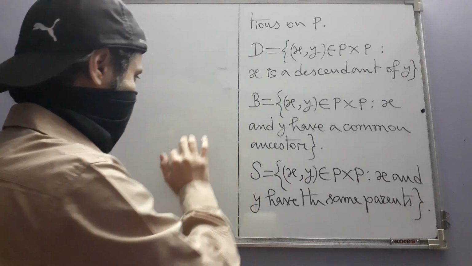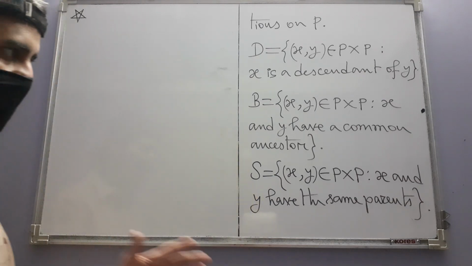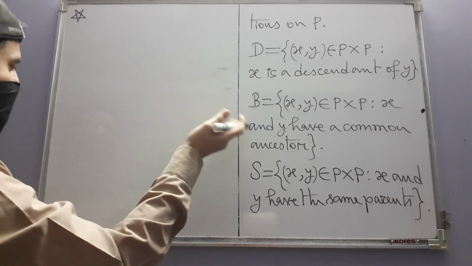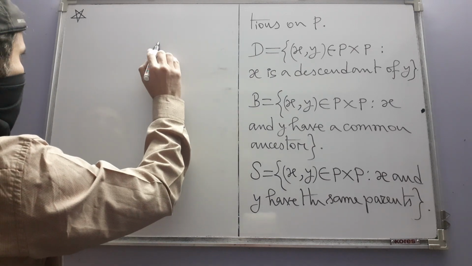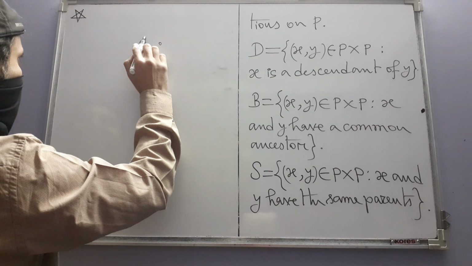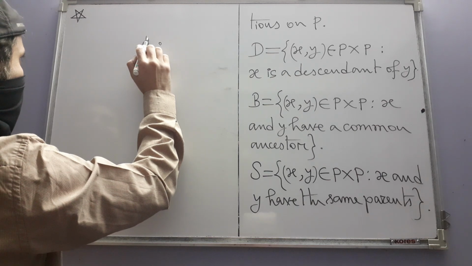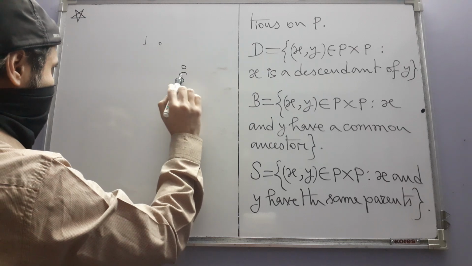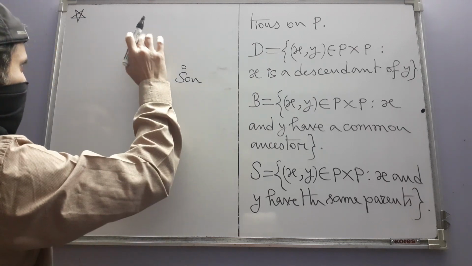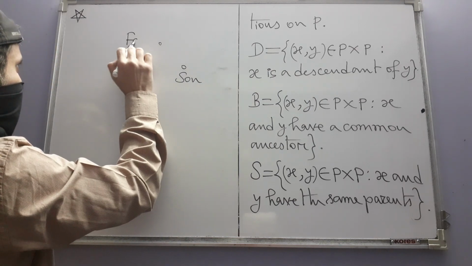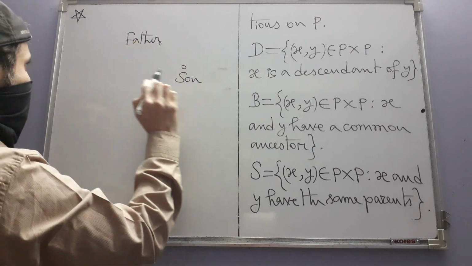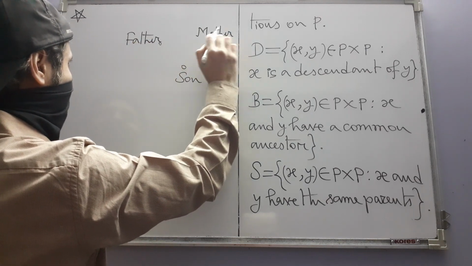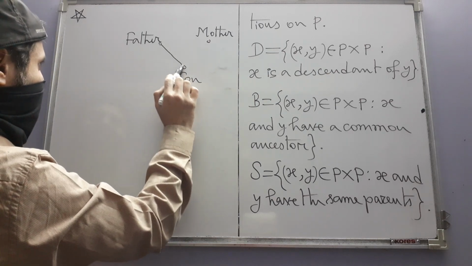What about transitivity? Transitivity may not immediately be apparent, but this is how you can see that it's not transitive. Say this is the son, this is the father, and this is the mother.